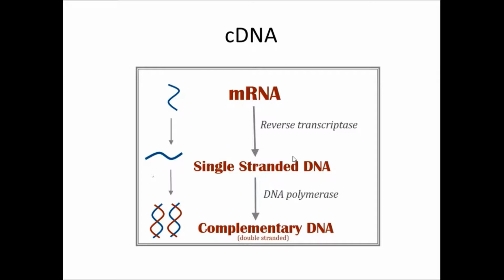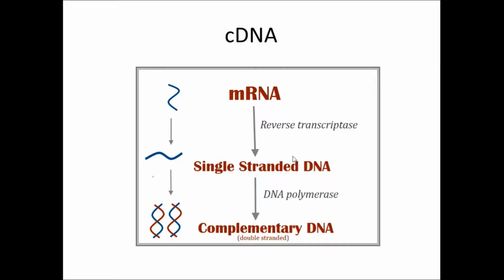A single gene is controlled by a single promoter, operator, or other regulatory sequences. But in the prokaryotic system, a cluster of genes is controlled by a single promoter or operator.